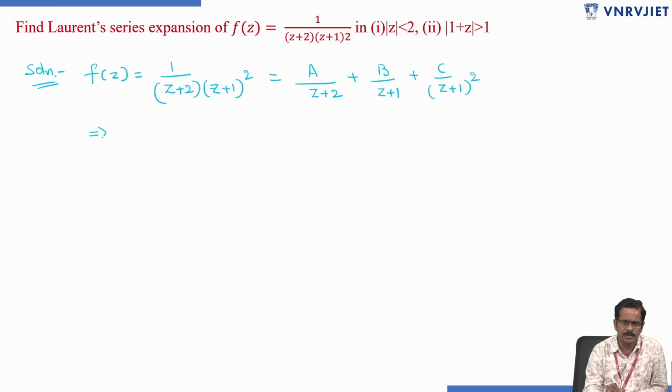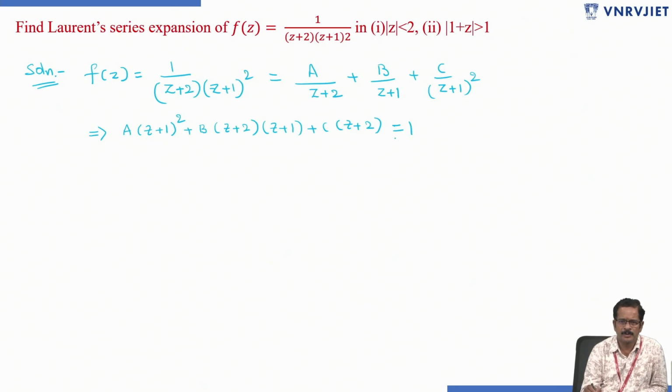I cannot write directly, so I am applying the partial fractions concept. From this, what do you write? A into z plus 1 whole square, as the denominator is z plus 2 for the A, plus B into z plus 2 into z plus 1, plus C into z plus 2 is equal to 1.